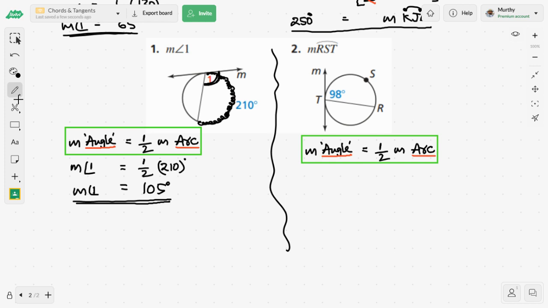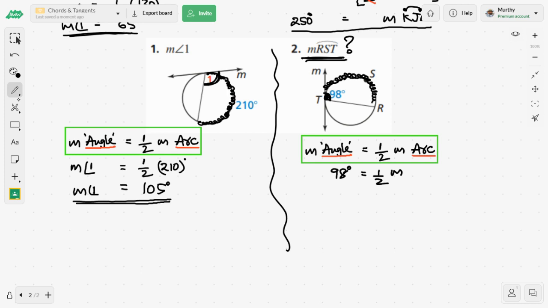I see that here the angle is given as 98 degrees. Please look at the question: what is the measure of the arc? Measure of angle, just plug in the numbers as 98 degrees, equals half of the measure of the arc.